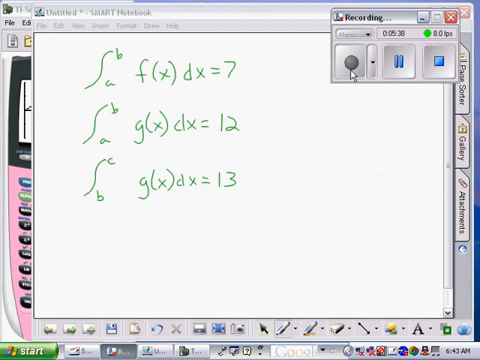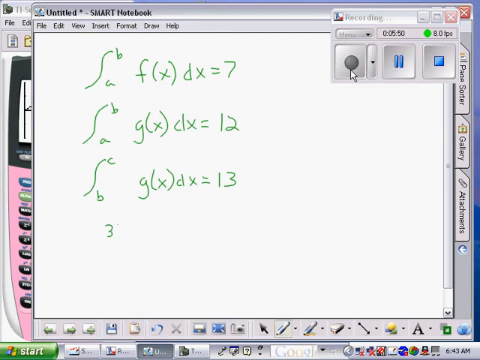All right. There's the information they give you above 30, that section of 31 to 36. Okay? So on 31, it actually asks you what the integral from b to a of f of x dx is.